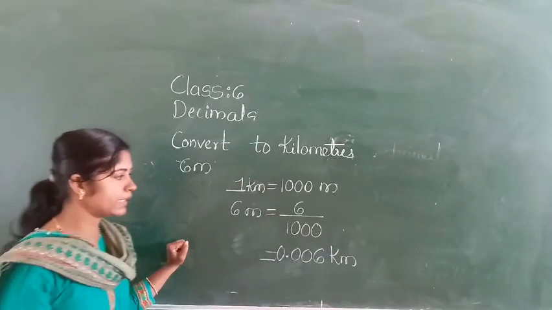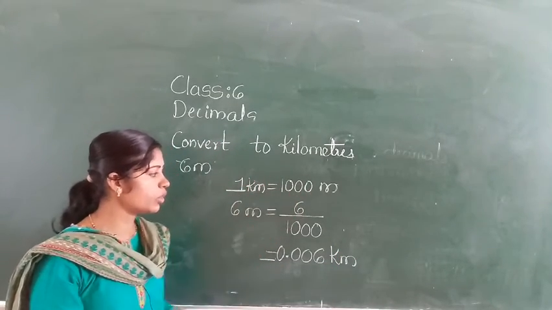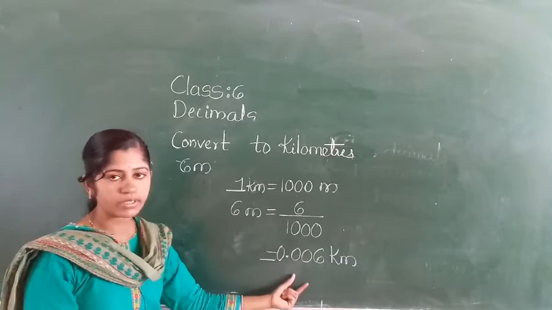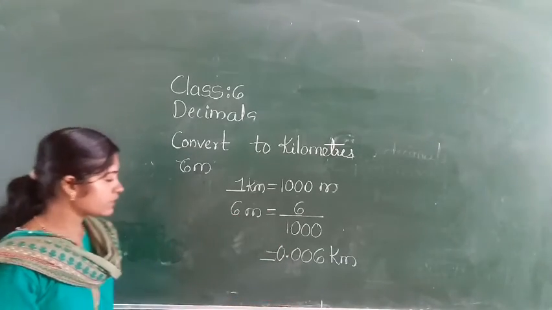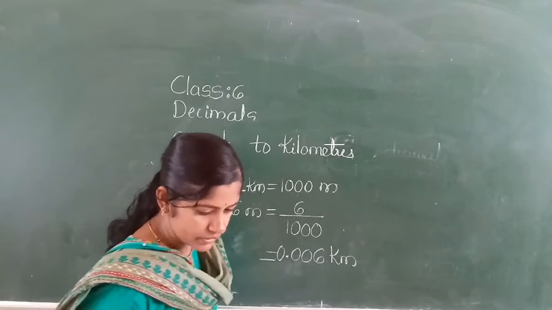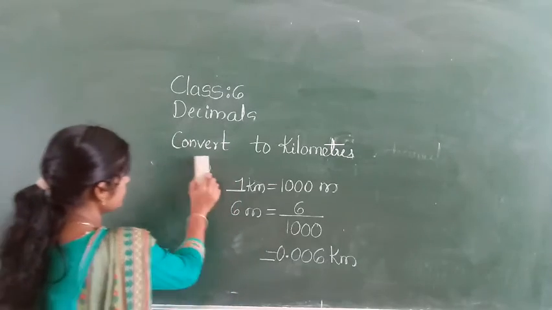I hope you are getting my point. Why I wrote here 1000? Because 1 kilometer is equal to 1000 meter. Next I converted this 6 meter to kilometer. So 6 meter is equal to 0.006 kilometer.